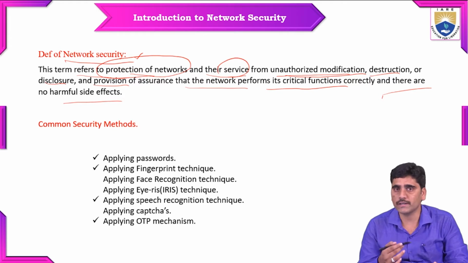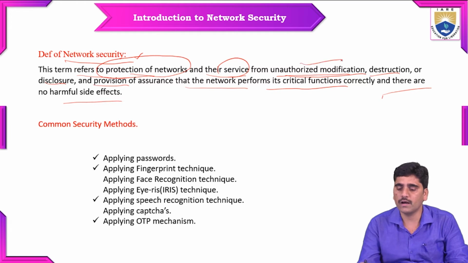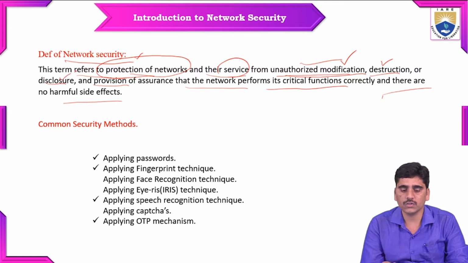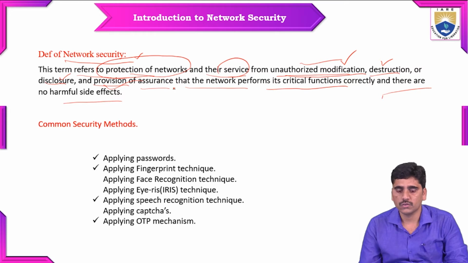We are going to protect our networks as well as the services from unauthorized modifications, unauthorized destructions, unauthorized disclosure and unauthorized provision of assurance. So we protect the networks as well as the data for the services from unauthorized modifications, destructions and disclosures, and the provision of assurance is nothing but network security.